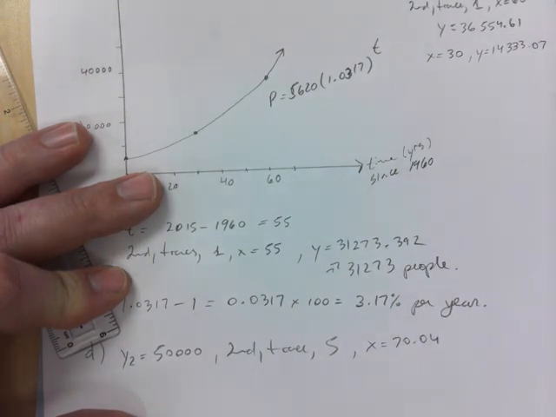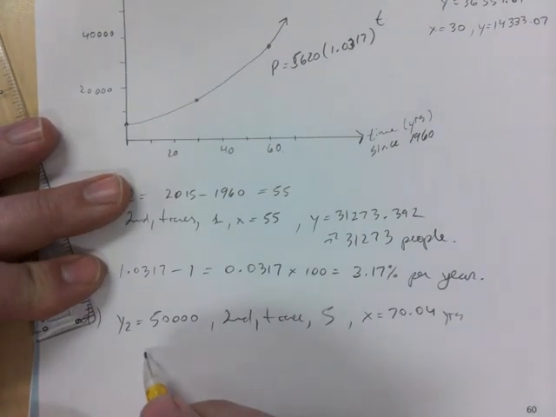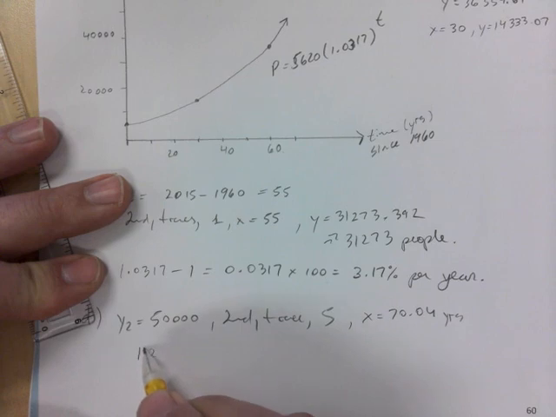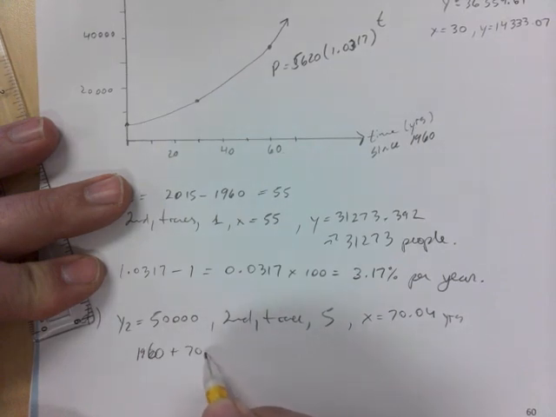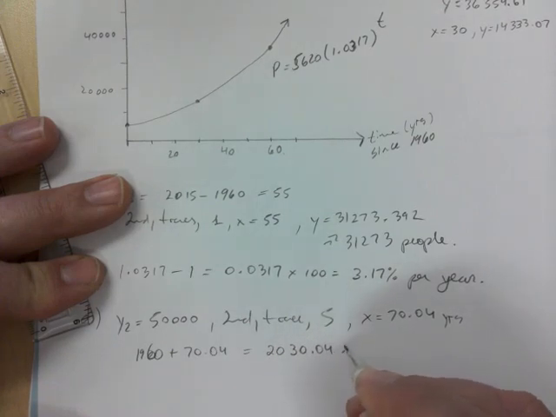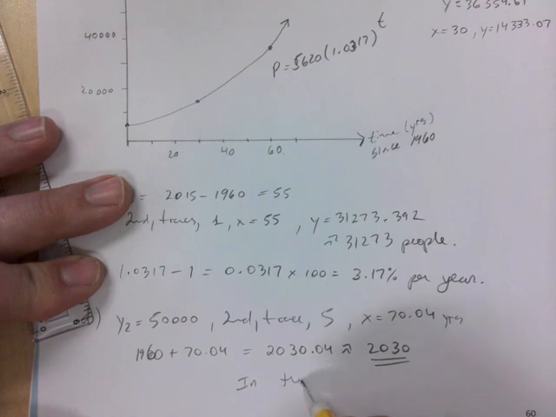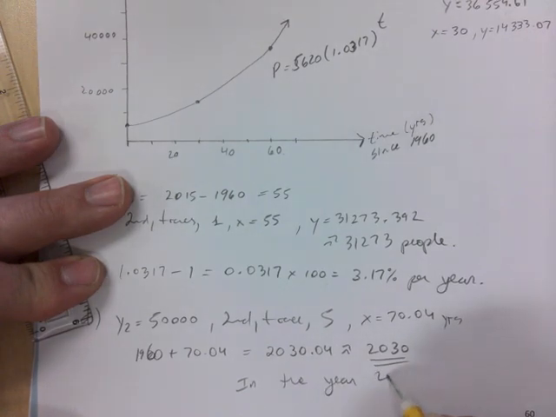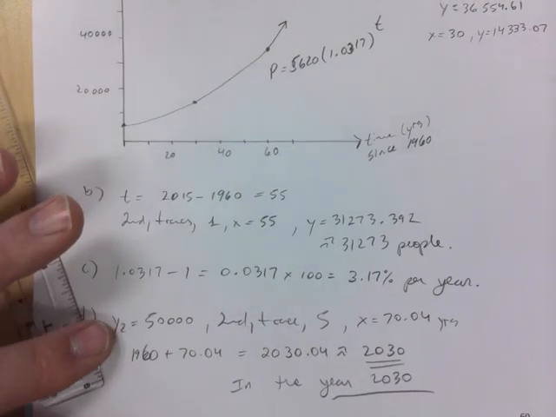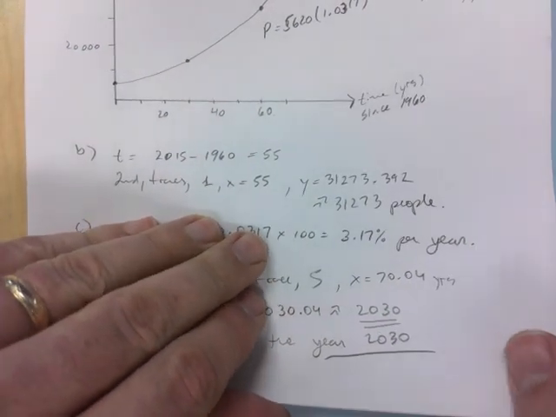It does say when. So years. So we'll go 1960 plus 70.04 is going to be 2030.04, which is approximately in the year 2030. In the year 2030. Okay. There is this question. Let's continue. You can always pause it, right?